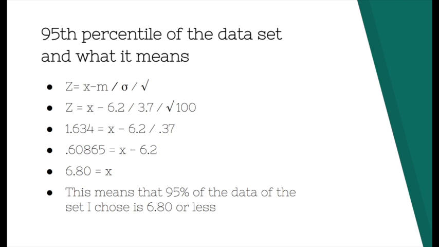I then got 1.634 equals x minus 6.2 divided by 0.37. Then I got 0.6085 equals x minus 6.2. I then added the 6.2 to the 0.608865, which gave me 6.80. This then means that 95% of the data of the set I chose is around 6.80 or less.